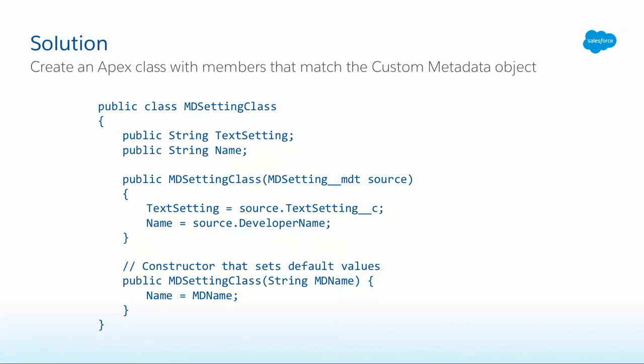It copies the settings to the class fields, and then you can serialize this class and pass it back to the component, and it's updatable. Now, it turns out that really soon now, I think it's either beta or GA in Winter, you will be able to create an instance of a custom metadata record and update it. You will not be able to insert or update the record in DML. That doesn't work, but at least you'd be able to update the record itself.